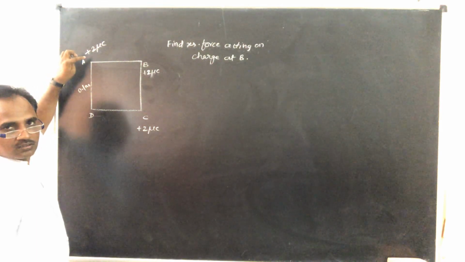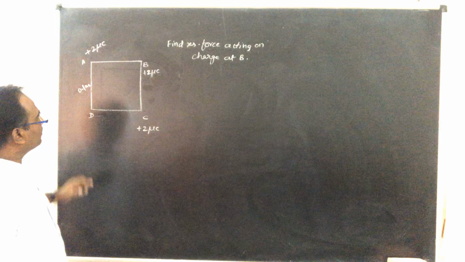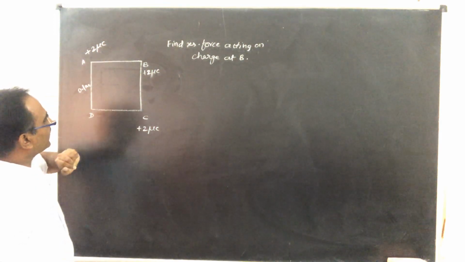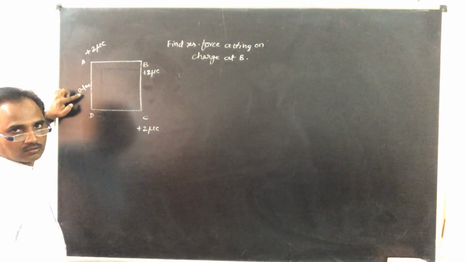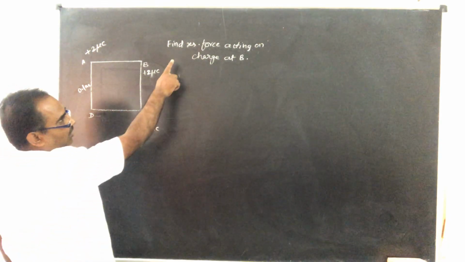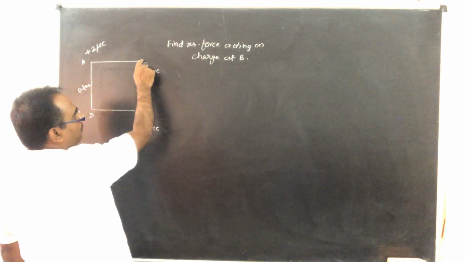Three charges of +2 microcoulomb are placed at A, B, C respectively of a square ABCD of side 0.1 meter. The question is, find the resultant force acting on charge at B here, this one.